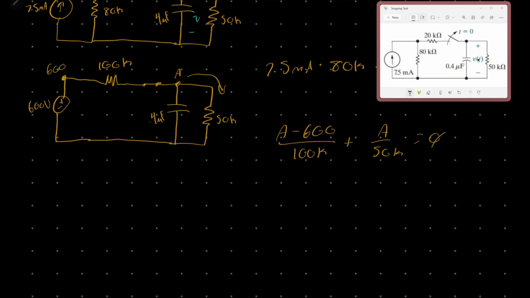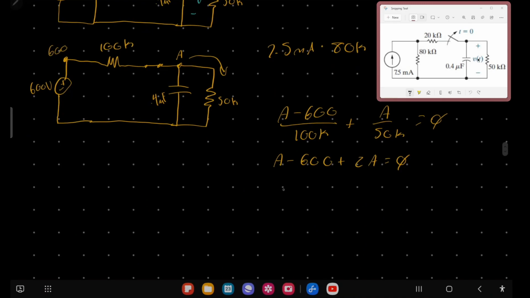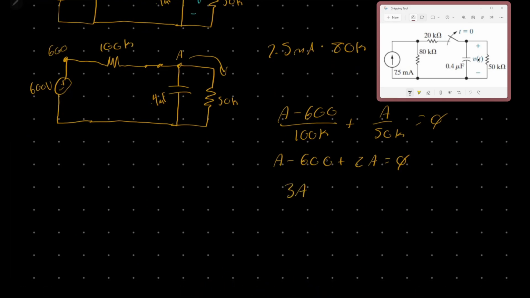And to make these denominators the same, we'll multiply this one by 2. So we'll get A minus 600 plus 2A equals 0. And then just combine like terms, we'll get 3A, move the 600 over to the other side of the equal sign, getting 600, and then A will equal 200 volts.